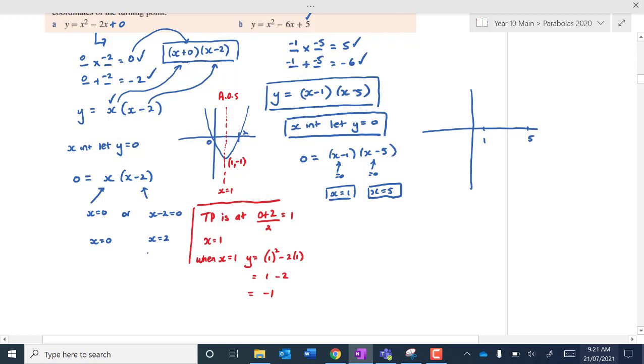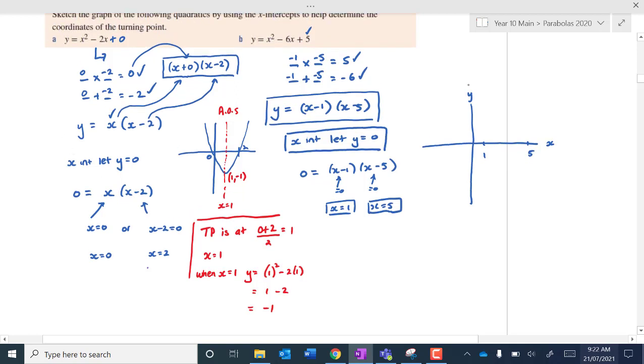I'll put in x, and I'll put in y. And of course, the y-intercept is the easy part. The y-intercept is when x equals 0. And when I do that, y is equal to, let's sub in 0, 0 squared minus 6 times 0 plus 5.